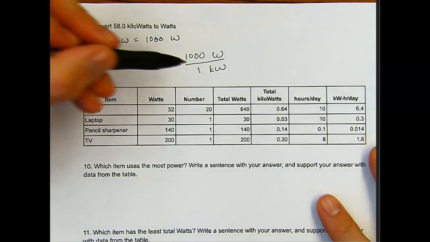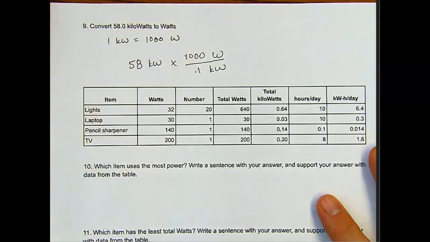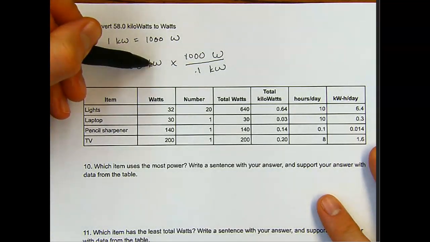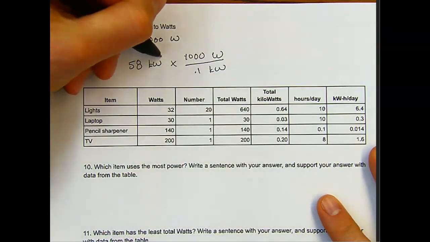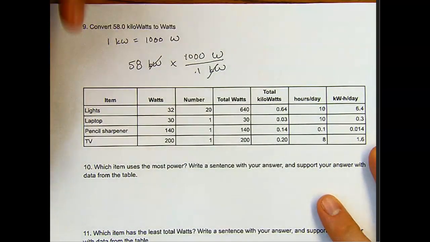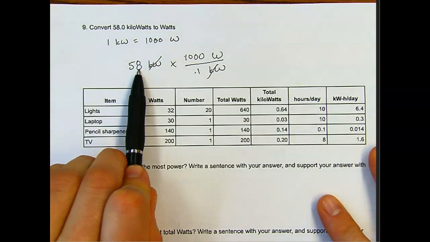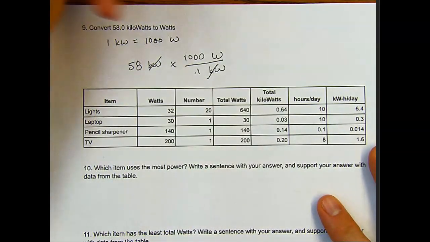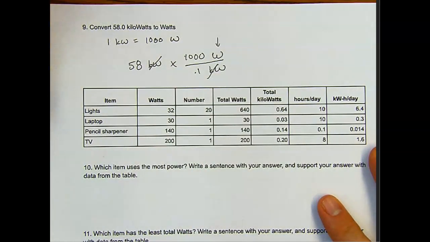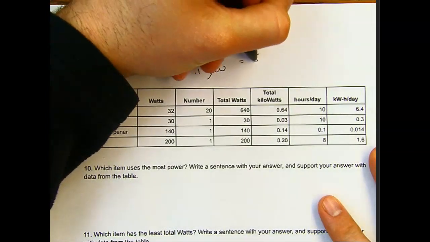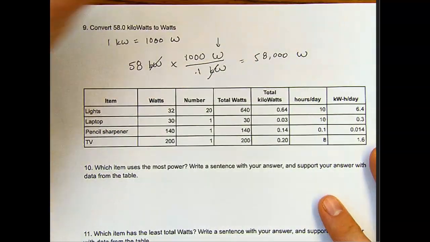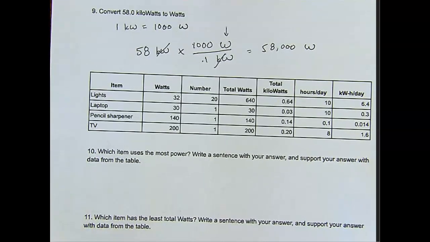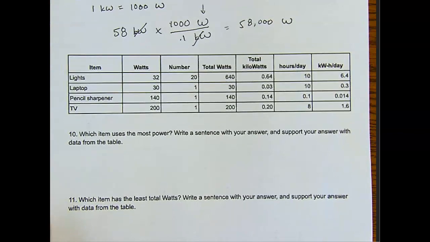I have kilowatts here, but I also have kilowatts in the denominator, so those two units will cancel out. So what I have is 58 times 1,000, and the units I'll be left with are watts. So I get 58,000 watts. All right, let's go on to this table here.